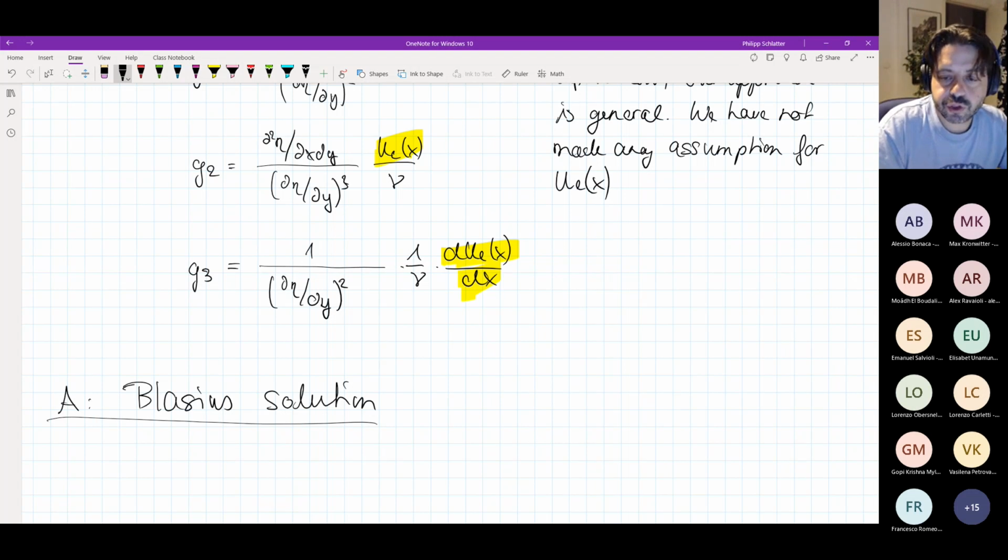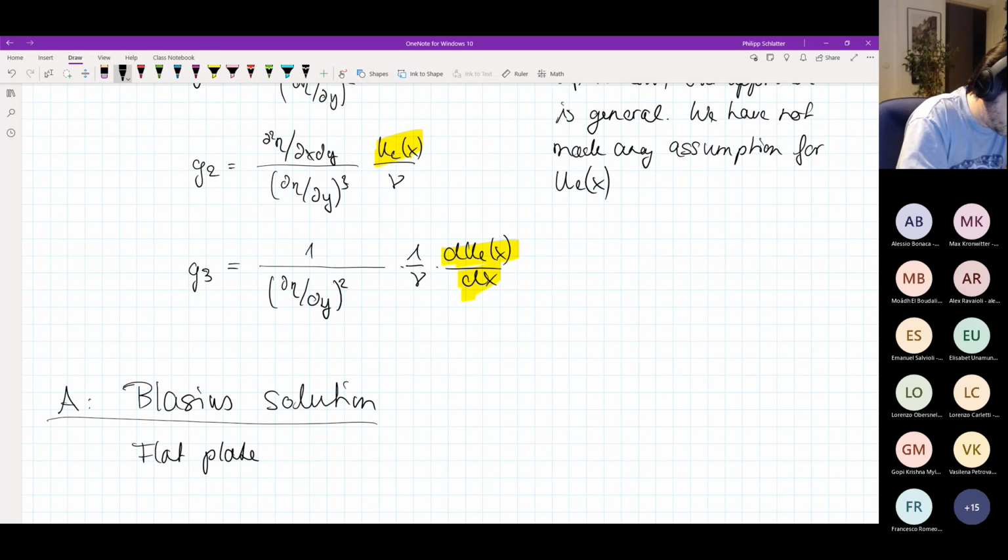So the Blasius solution is the solution for a flat plate boundary layer or a zero pressure gradient turbulent boundary layer. So that's a solution for a flat plate boundary layer.